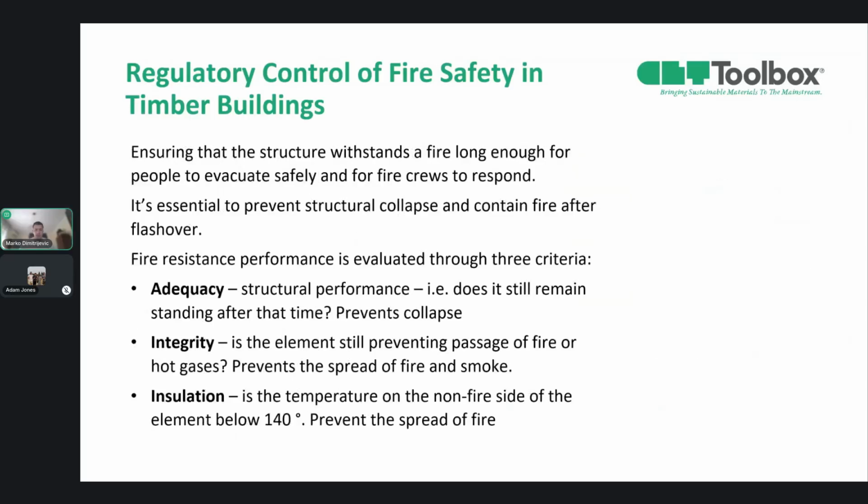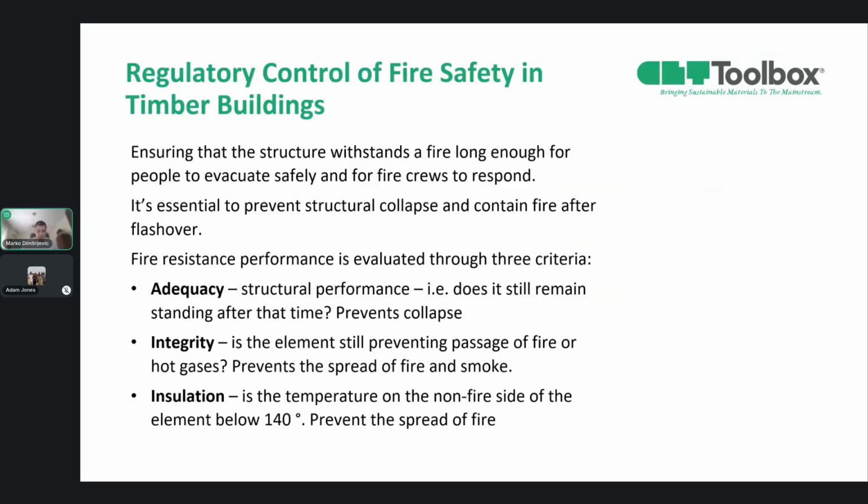For designing timber buildings, fire safety is crucial for ensuring that the structure withstands a fire long enough for people to evacuate safely and for fire crews to respond. It's essential to prevent structural collapse and contain fire after flashover, which is determined through a standard fire test or by equivalent calculations. So fire performance is evaluated through these three criteria.